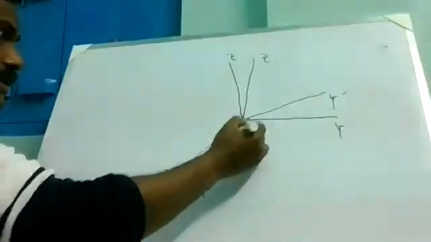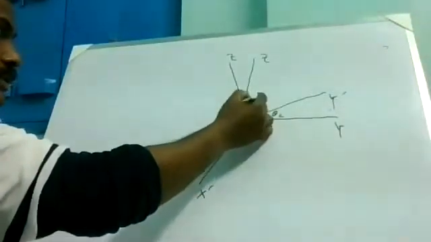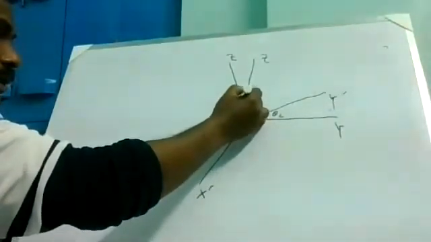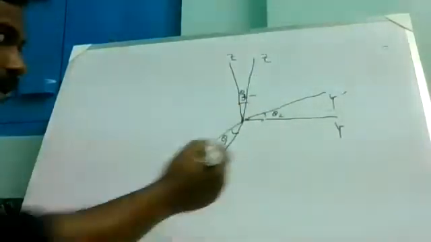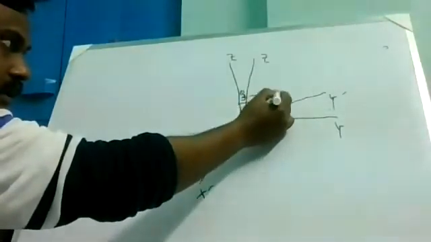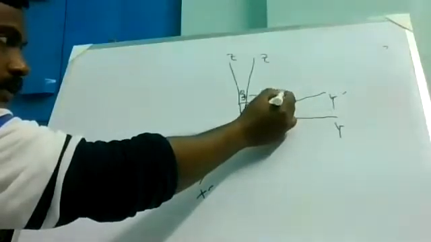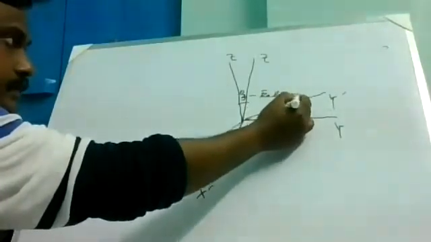These angles here, this is theta 1, this is theta 2, this is theta 3. These angles are called Eulerian or Euler angles.